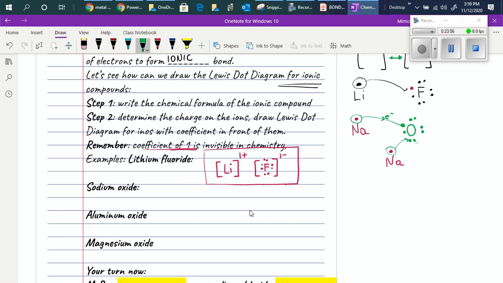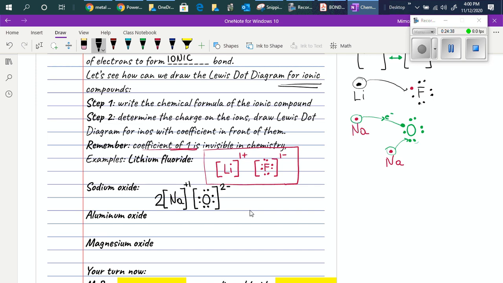So then what does that mean is that we have 2 sodium ions, each of them with a charge of +1, and 1 oxygen with the valence shell completed, because now it took 1 electron from 1 sodium and the other one from the other sodium, and it has a charge of a -2. Let's see now aluminum oxide.